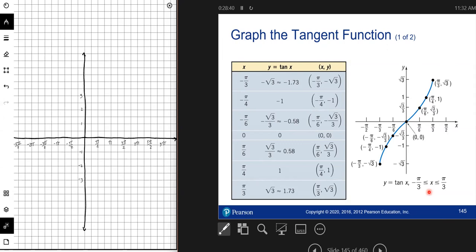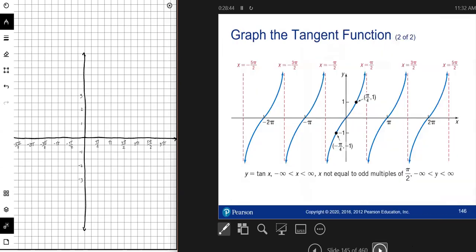All right. Now, the graph of tangent, because tangent of pi over 2 is undefined. It does not exist. And so we have vertical asymptotes at the odd multiples of pi over 2.